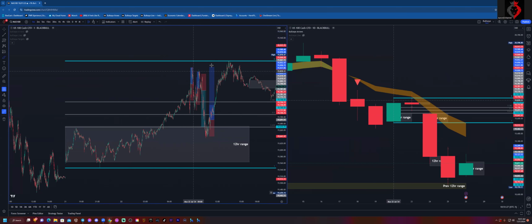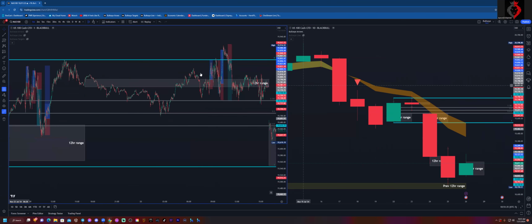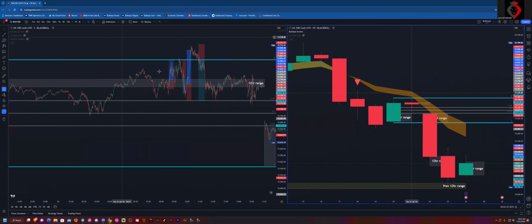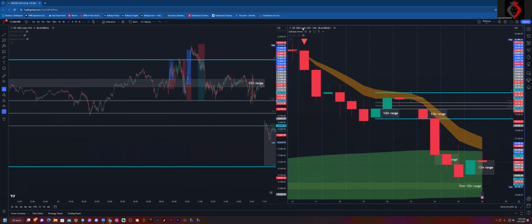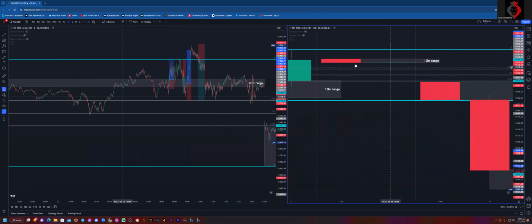All right, so now here's Monday high. Let's go to Tuesday, and here's Tuesday. You get a 12-hour range. Let me go ahead and show you what that 12-hour range looked like real quick. Yeah, it's a real skinny kind of candle right there.